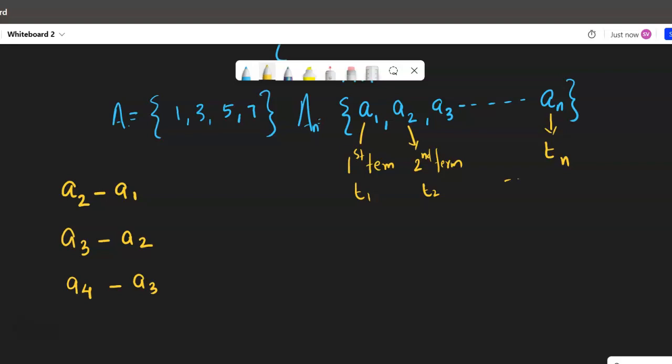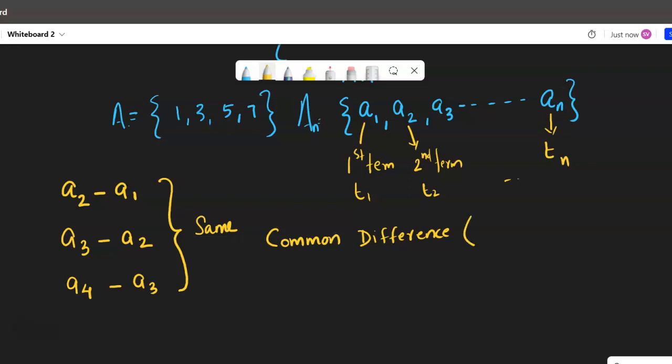If this is an arithmetic sequence, these are all the same. This is the difference between two successive terms, and we call this difference the common difference.